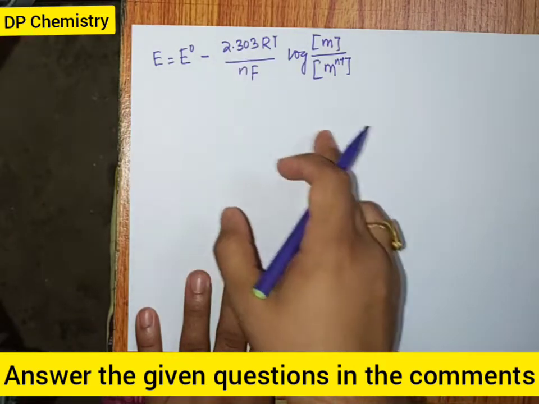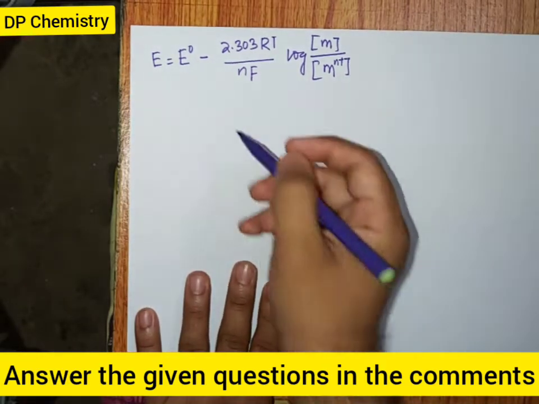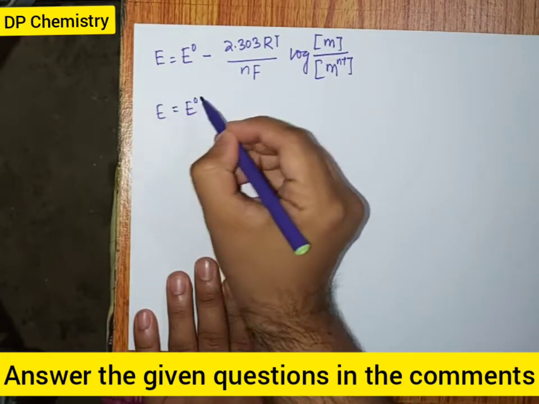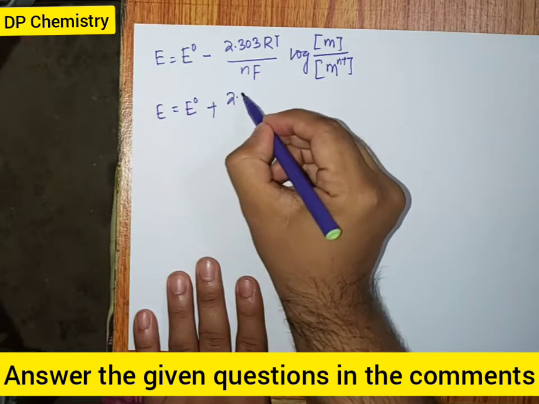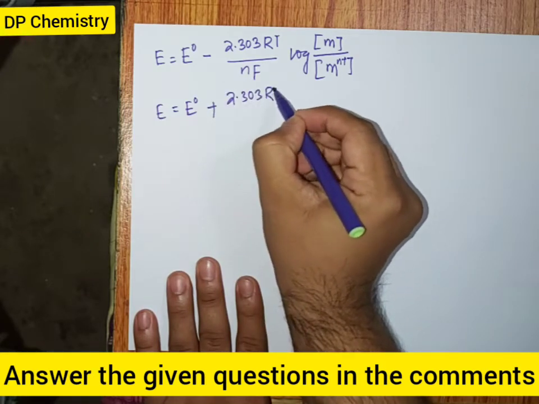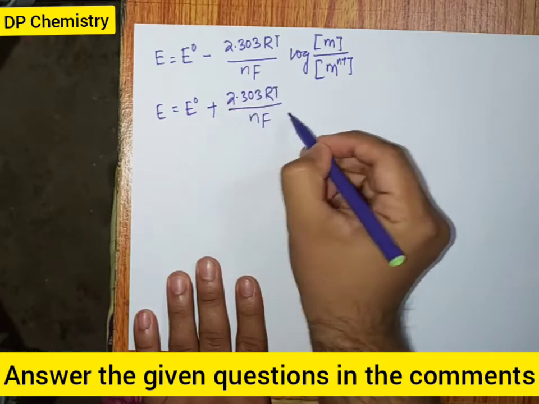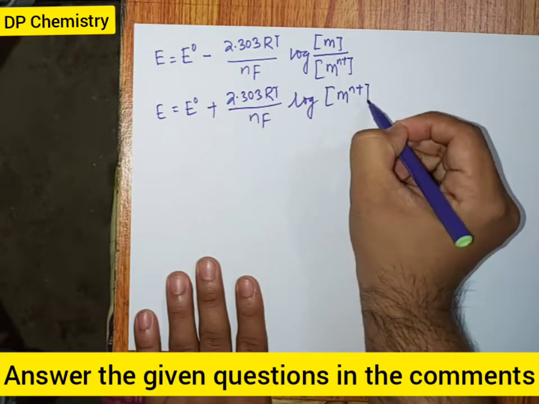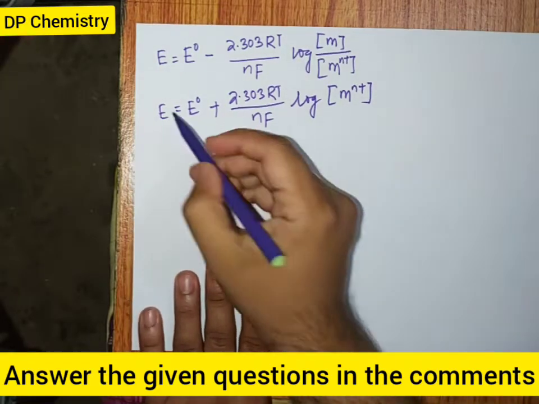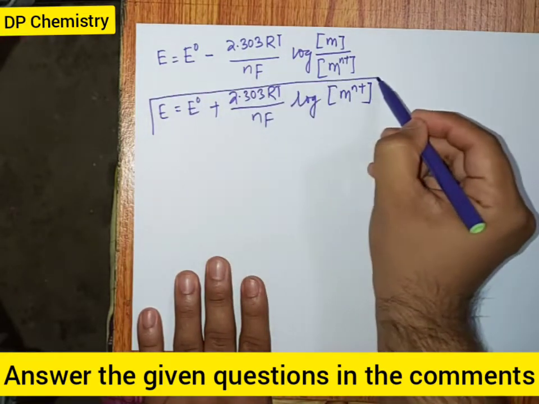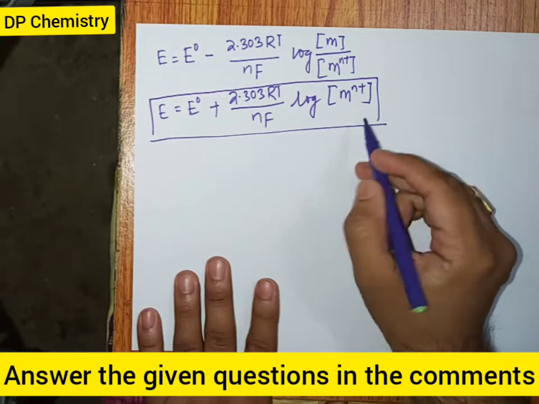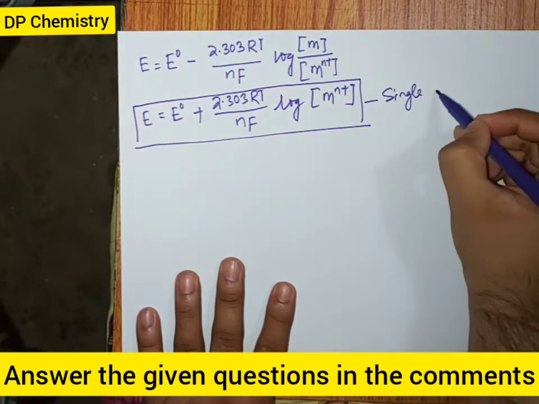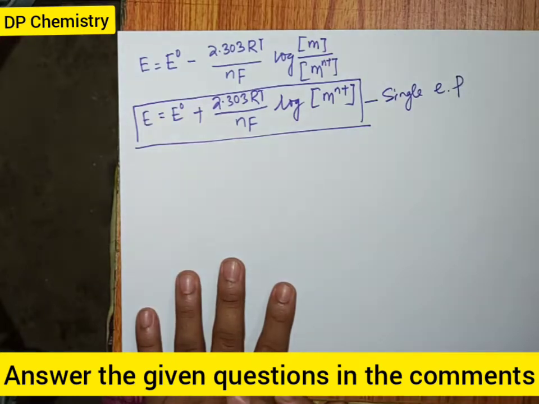Then we reduce this to the form E is equal to E naught plus 2.303 RT by nF log concentration of Mn plus ion. This is the main equation for a single electrode potential.